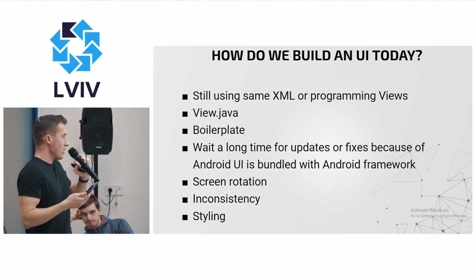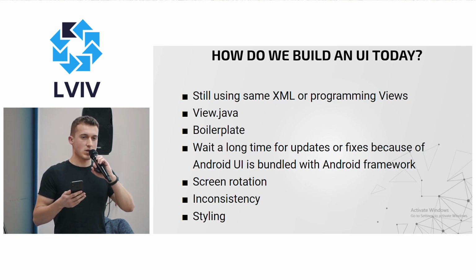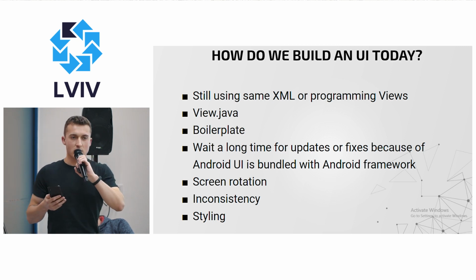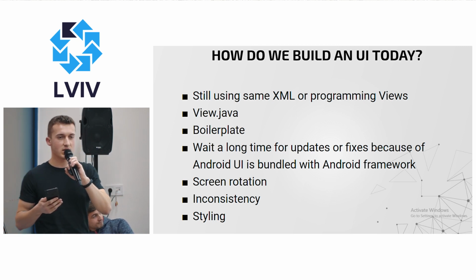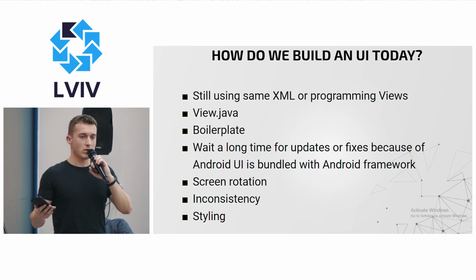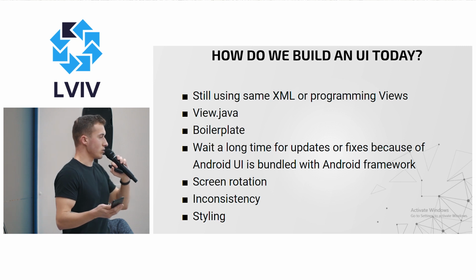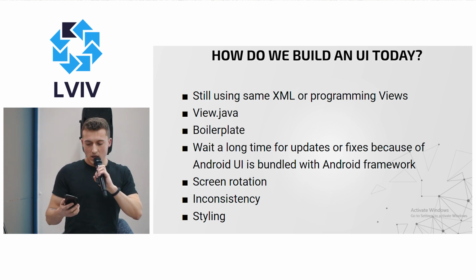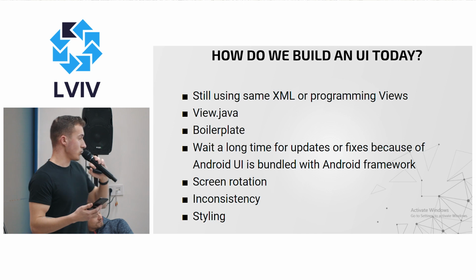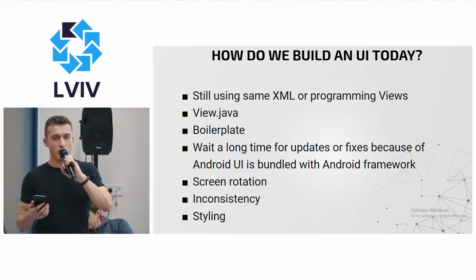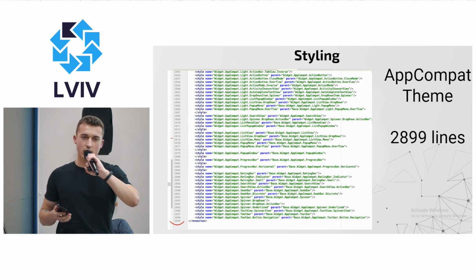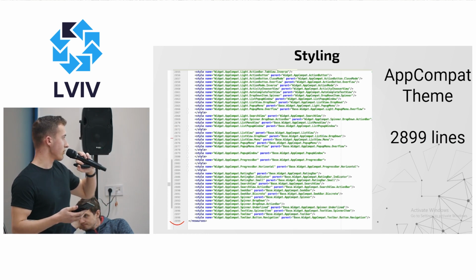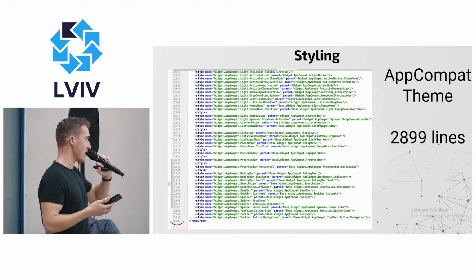For example, you extend some theme, like the Material theme or AppCompat theme, and then at some point you find some padding on your UI that you didn't expect to be there, and you're searching in this 3,000 lines of code for what to override to get rid of this padding.